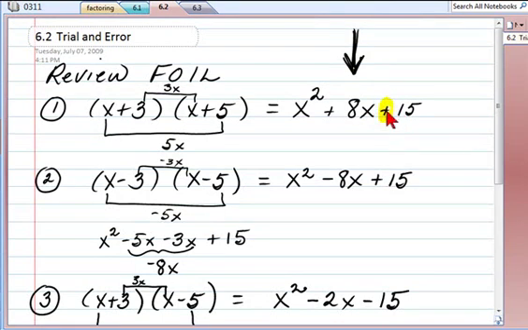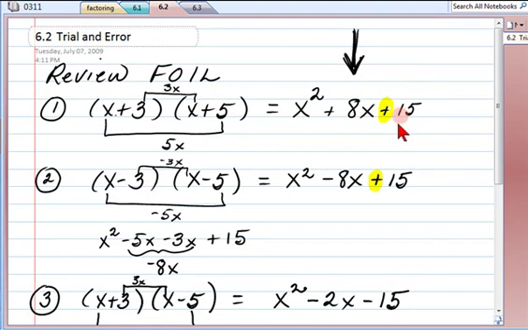It's positive. If the last sign is positive, because both of these have the last sign that's positive, what it tells you is that the middle term's sign tells you what these two will be. To get a positive 15, I either have to have a plus times a plus, or I have to have a minus times a minus.